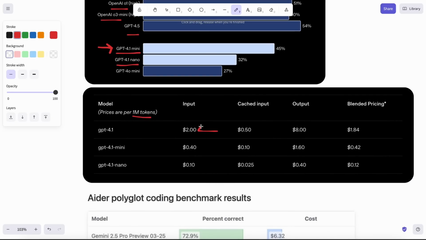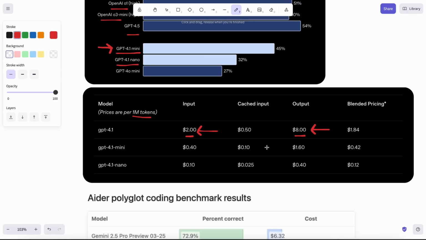The GPT 4.1 model costs about $2 per 1 million tokens for input and $8 for 1 million output tokens, whereas o3 Mini, which is surely a better model than this, costs about $1.10 per 1 million tokens, which is just funny to me.